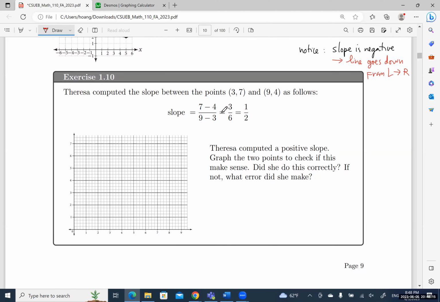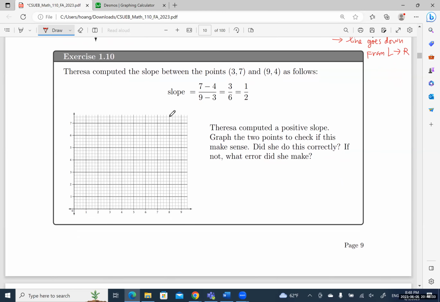This is a calculation from Teresa, and it could be wrong. Okay, it could be wrong. So watch out for that. Follow what I told you and do this one. I can give you a hint: I'm going to call these 2 points 3, 7 and 9, 4. So I have this point here, and then I have 9, 4.